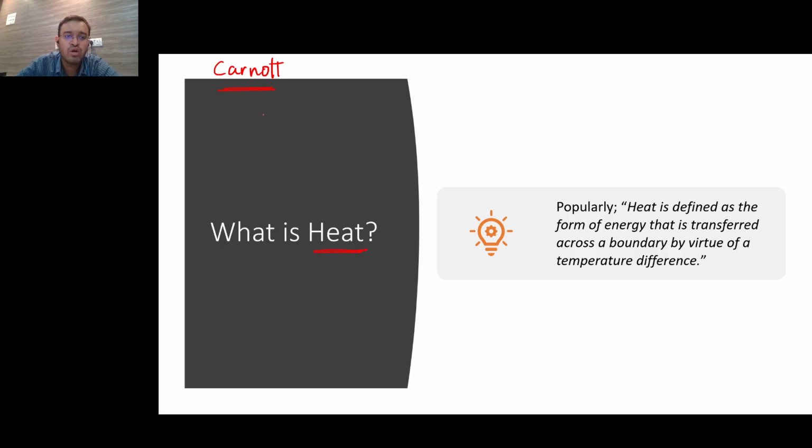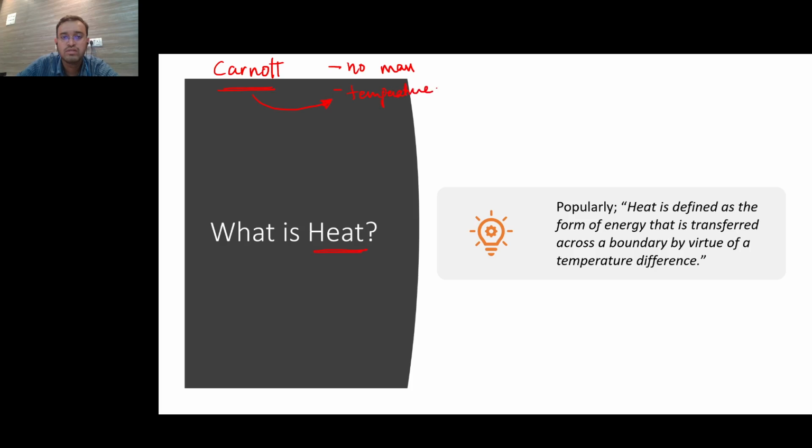When he talked about heat, he assumed heat to be a physical quantity. It was a sort of fluid which had no mass, and when you added it to a substance, the temperature would rise.